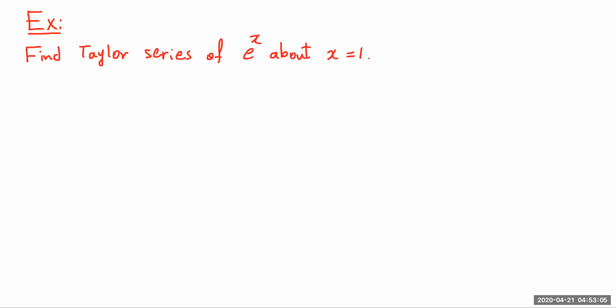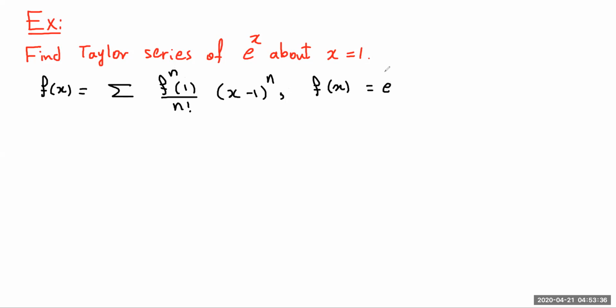The next exercise, find the Taylor series of e power x about 1. So here I will use the formula that f(x) equals sigma, the derivative of order n at 1 divided by n factorial times (x minus 1) power n, where I suppose f(x) is e power x.